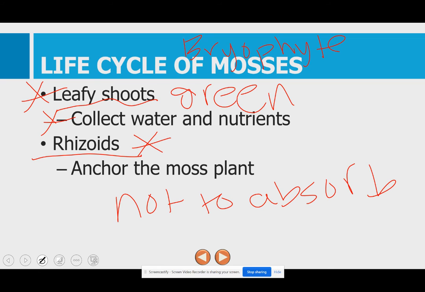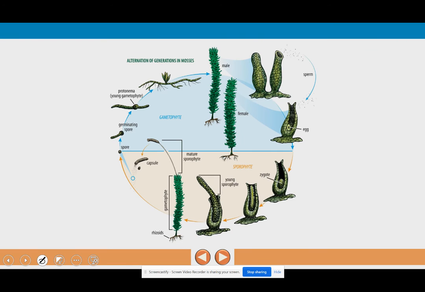Well, I'm at risk of being washed away. So those rhizoids help to keep me in place. And so the leafy shoots are the gametophytes that were produced. Some of the leafy shoots produce the male gametes, which would be the sperm. And then some of the leafy shoots are going to produce the female gamete, which is going to be the egg.